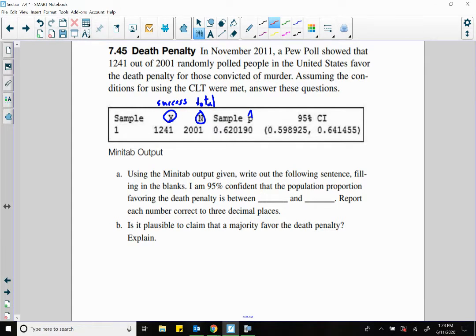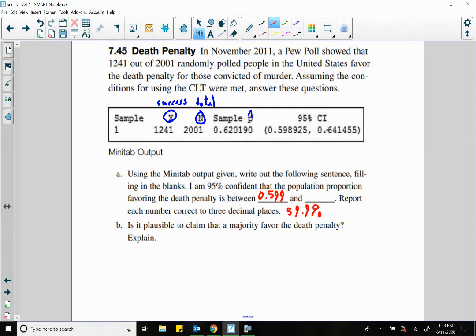So if you do 3 decimals, this guy is 0.599, which if you convert that into a percentage, would be 59.9%.